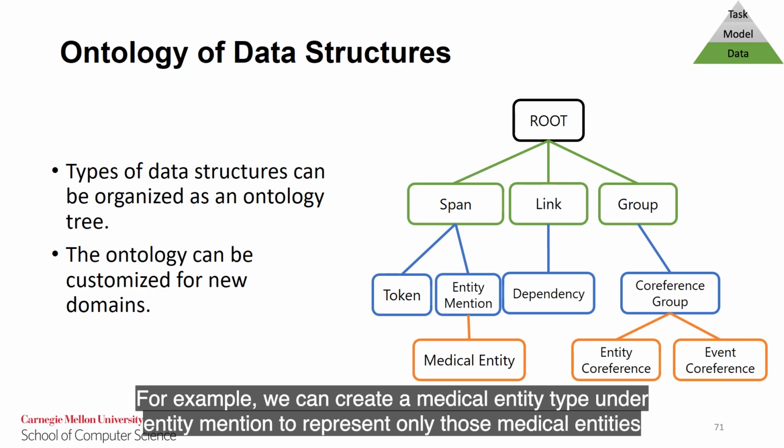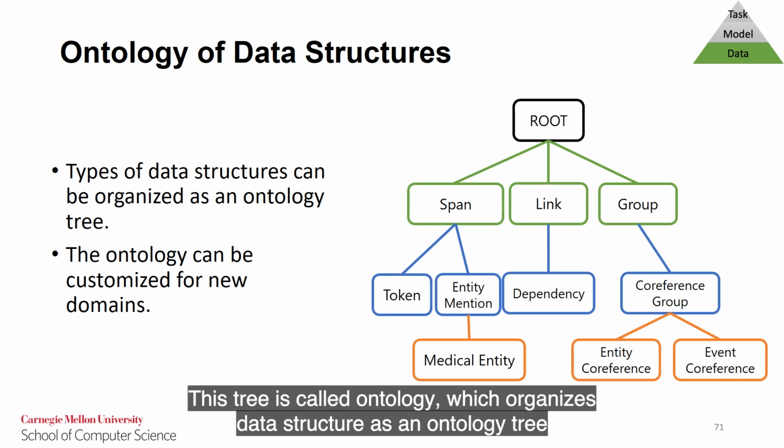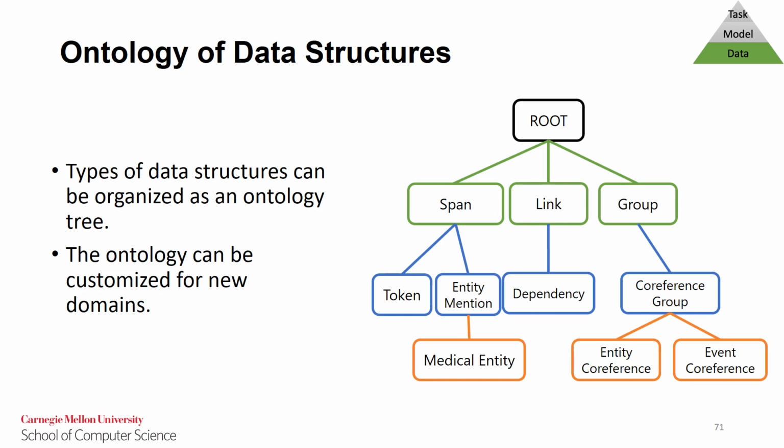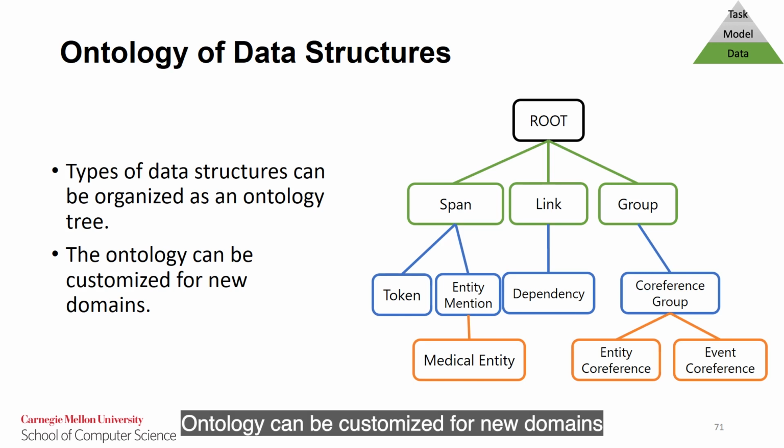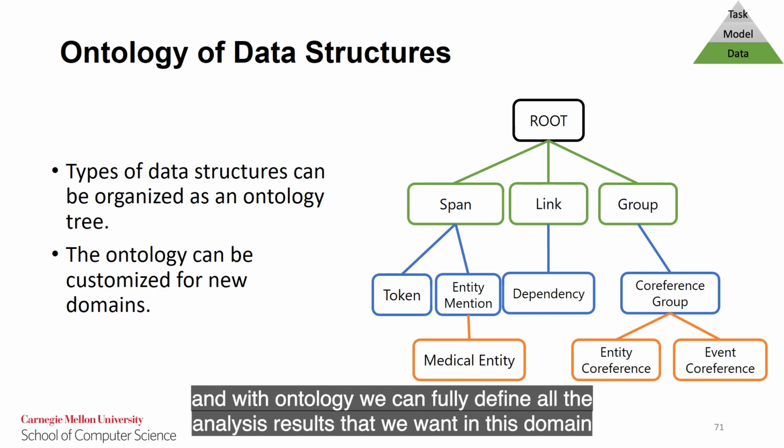For example, we can create a medical entity type under entity mention to represent only those medical entities. This tree is called an ontology. We organize the data structure as an ontology tree. An ontology can be customized for new domains. And with an ontology, we can fully define all the analysis results that we want in this domain.